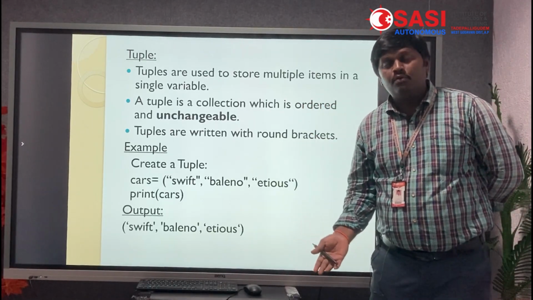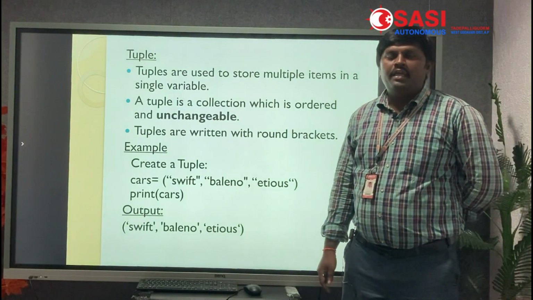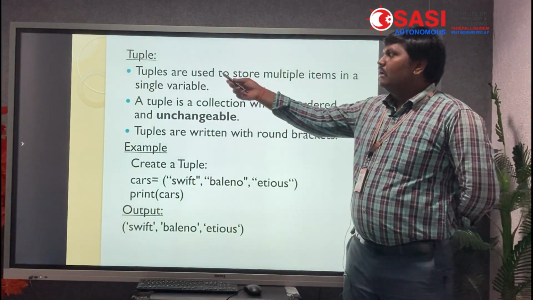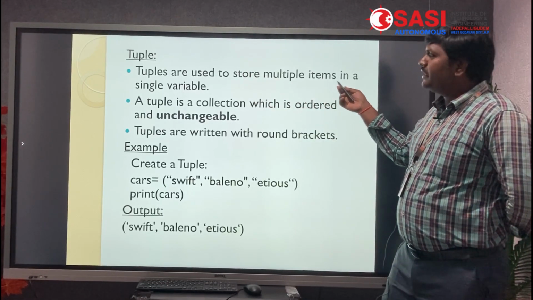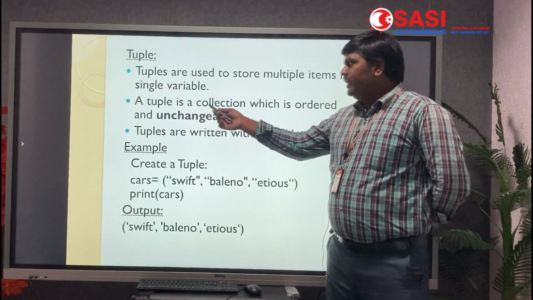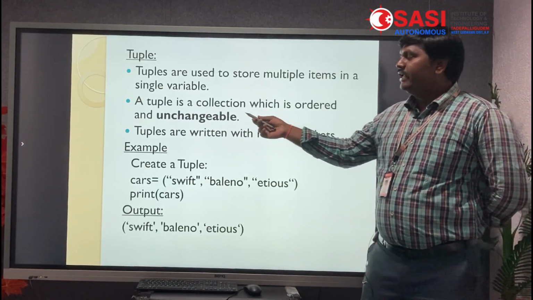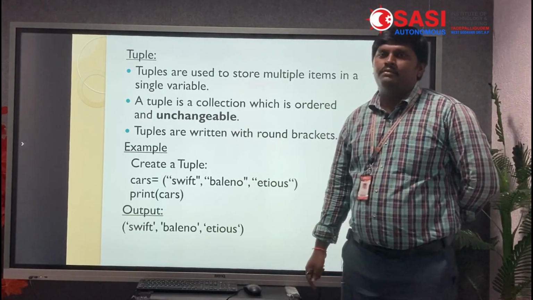A list also stores multiple values in a variable, and a tuple is similar. Next, a tuple is a collection which is ordered and unchangeable. That is the difference between list and tuple.